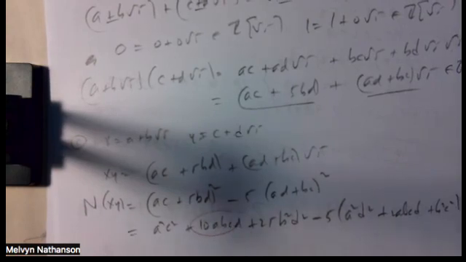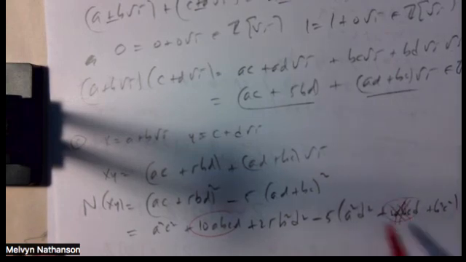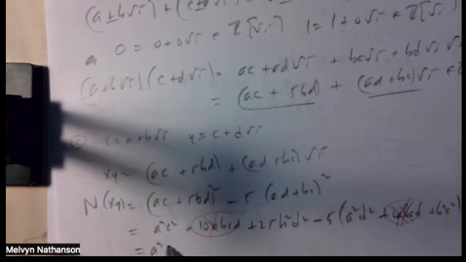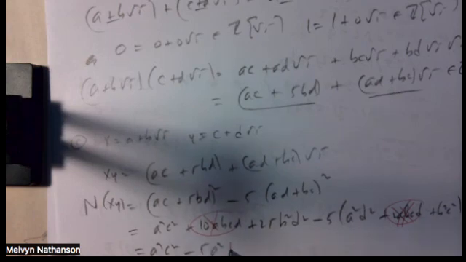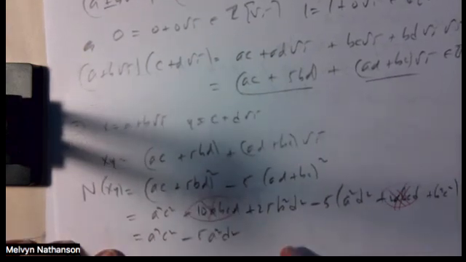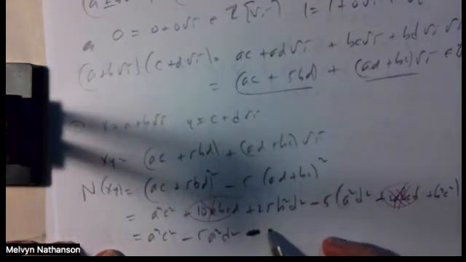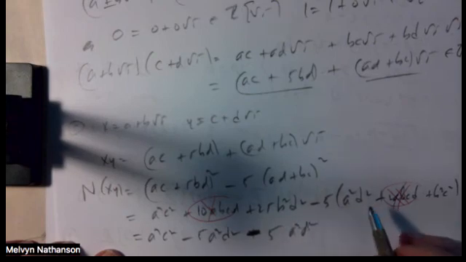Let's see, here I have plus 10 ABCD. Here, minus 5 times 2, I have minus 10 ABCD. So these terms cancel out. So what I get is A squared C squared minus 5 A squared D squared plus 25 B squared D squared. Here I can factor out an A squared.